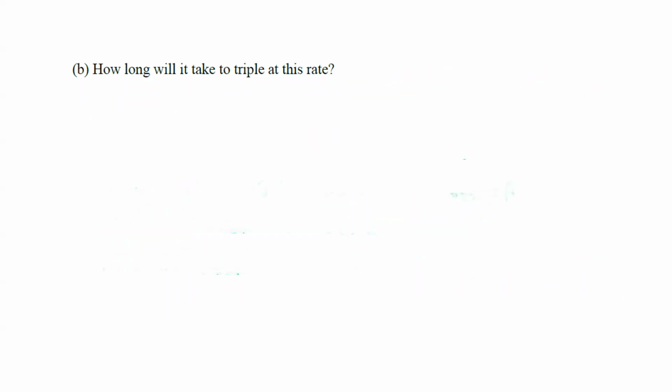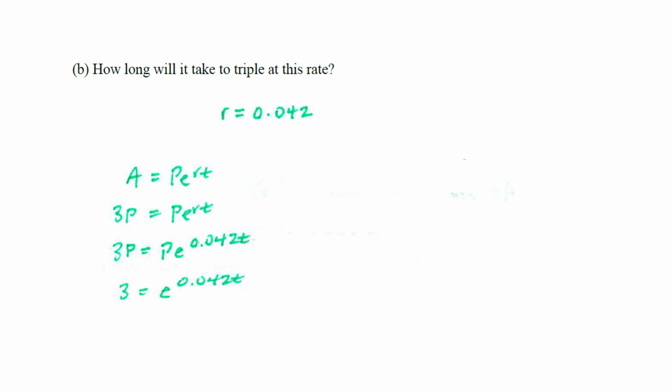So how long will it take to triple at this rate? We're still compounding continuously, so we still have the same r and we're using the same formula, but this time we want to triple our amount. So now we have 3P equals P e to the rt. We can substitute in our r and divide both sides by P, giving us 3 equals e to the power 0.042 times t.